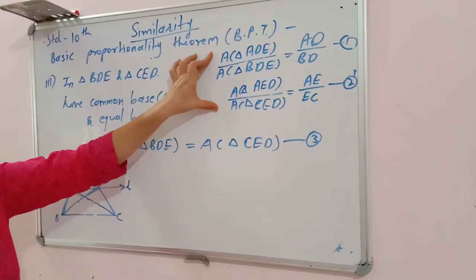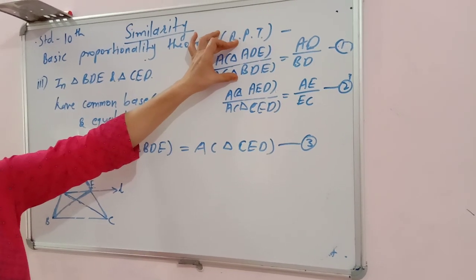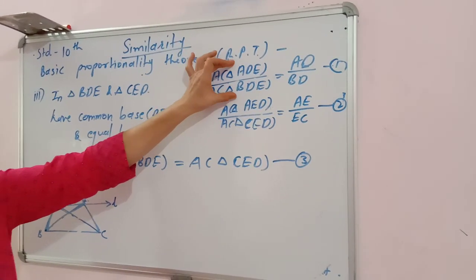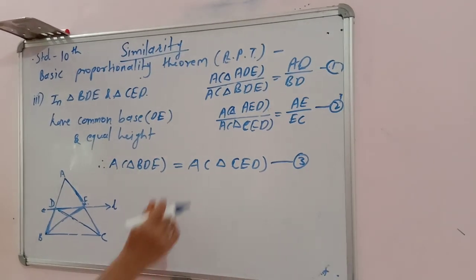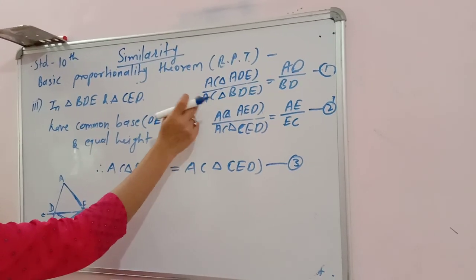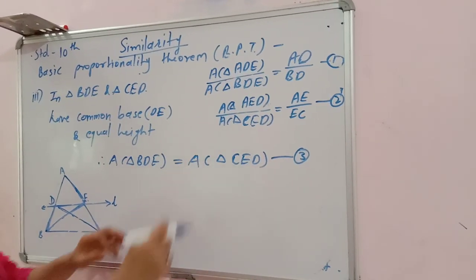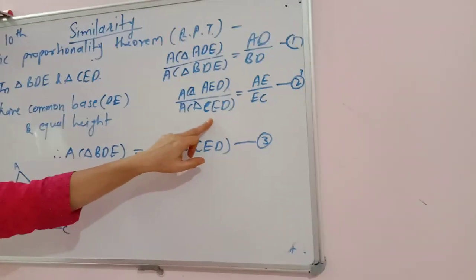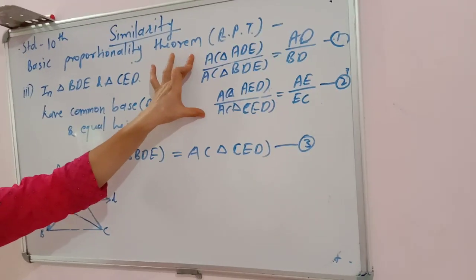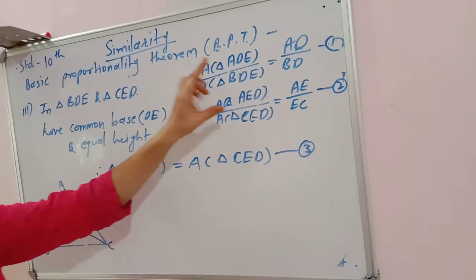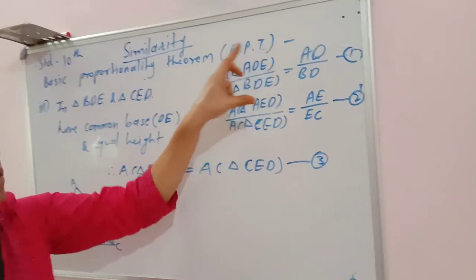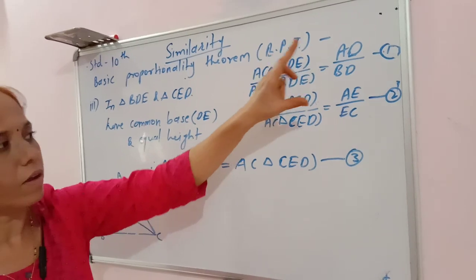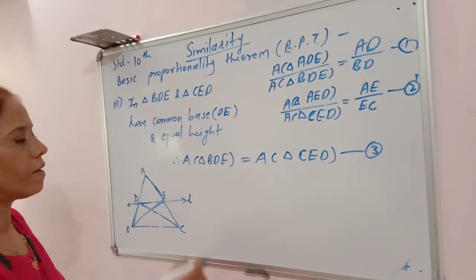Therefore these two areas become equal, and therefore this ratio becomes 1. As BDE and CED are equal, these two right hand sides are equal, and therefore their left hand sides are also equal.